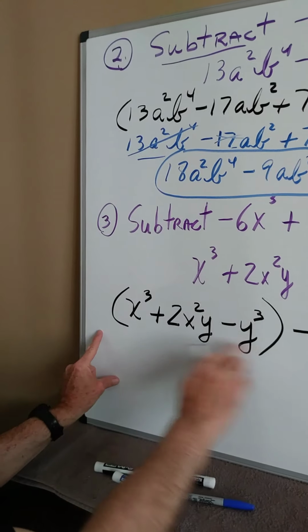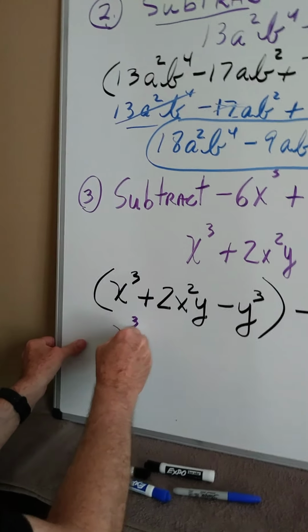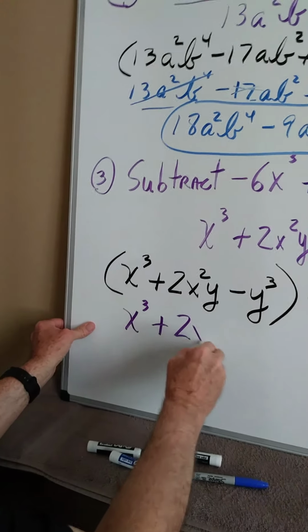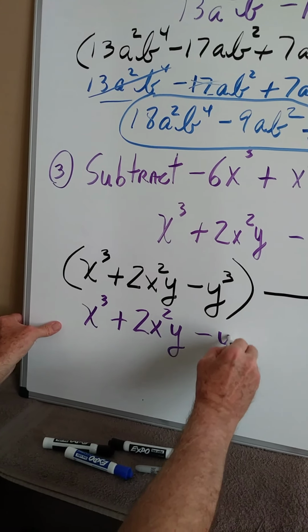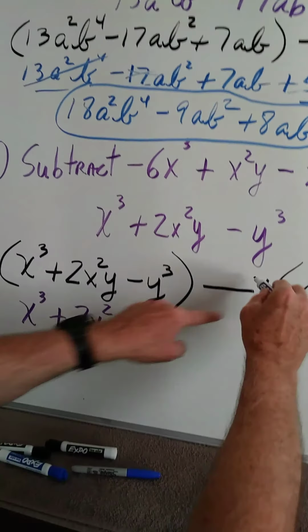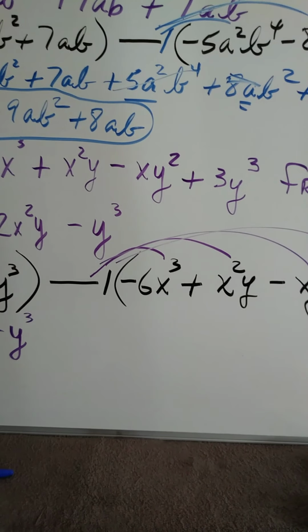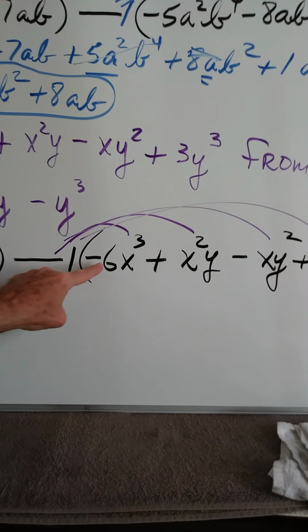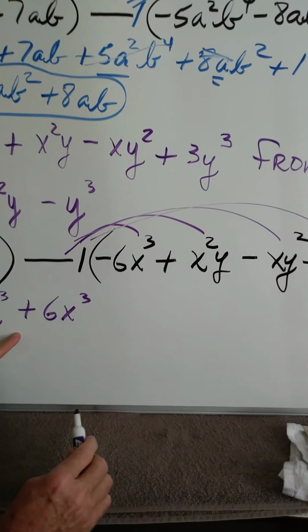Down, no changes. It's the first one. Down: x to the third plus 2x squared y minus 1y cubed. Distribute. Negative times negative, positive 6x cubed.